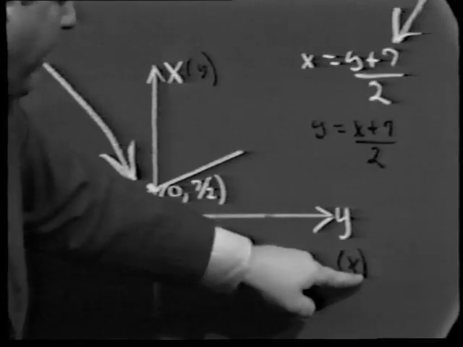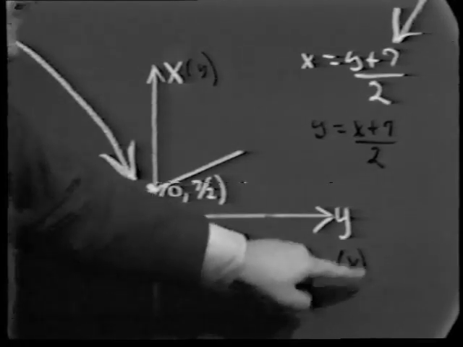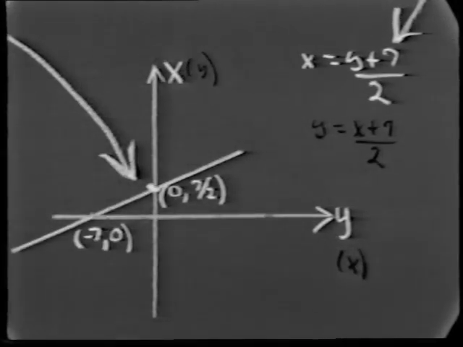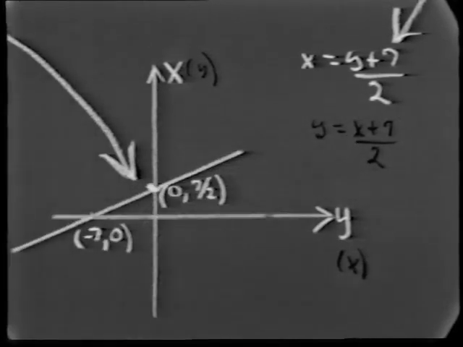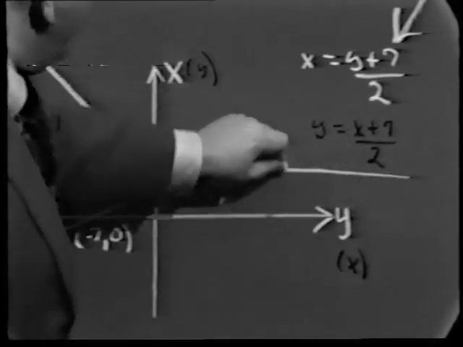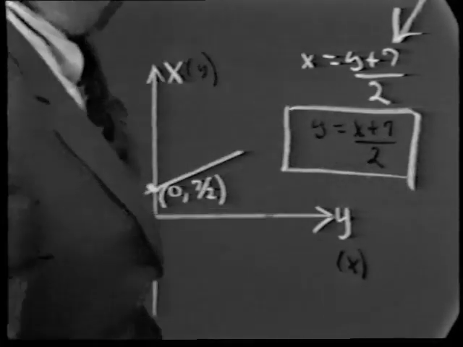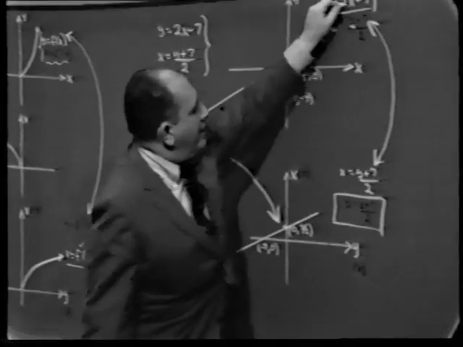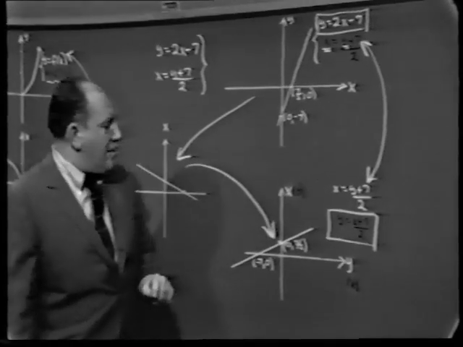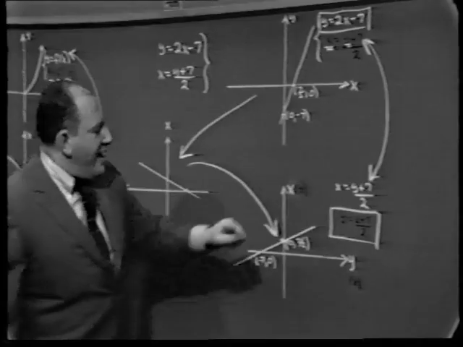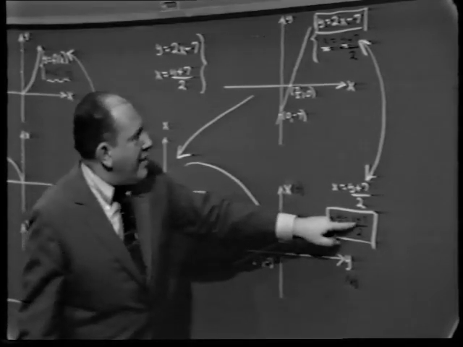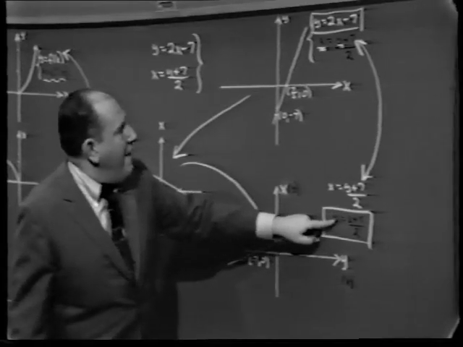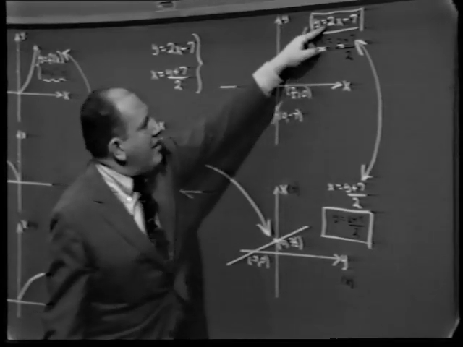Again, if we now say, okay, let's rename this the x-axis, let's rename this the y-axis, then this becomes what? Y equals x plus 7 over 2. It's in this sense that we say that these two equations are inverses of one another. Again, in terms of what we said before, if you pick a particular value of x and compute y this way, then you apply this recipe to that.